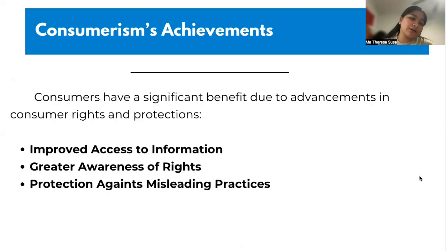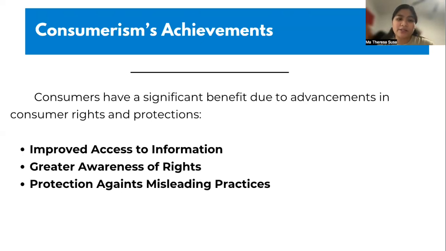My last slide is the consumerism achievements. Consumers can benefit due to the advancements in consumers' rights and protections. This would be improved access to information. If you have better information about the goods and services you're going to purchase, you achieve better outcomes.